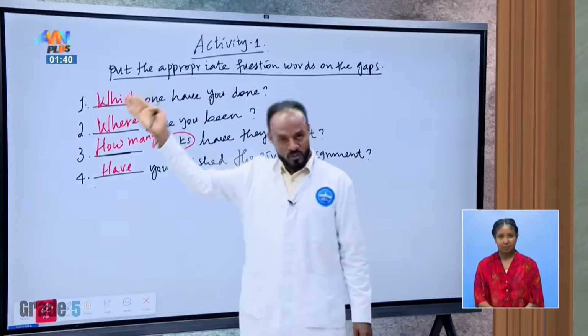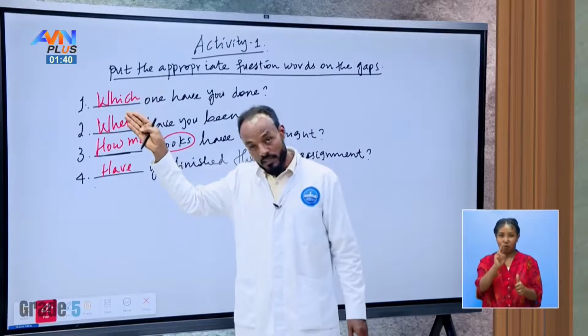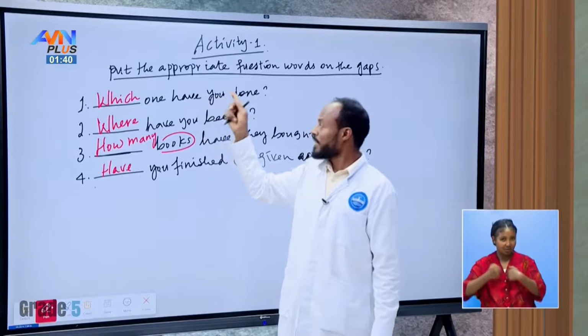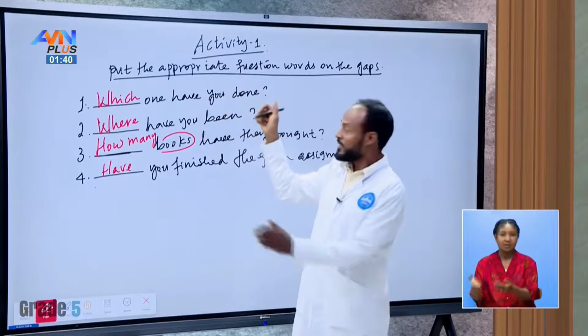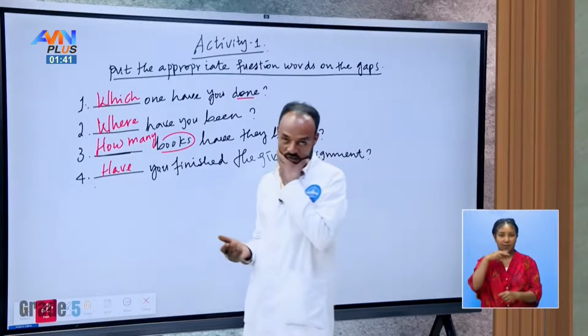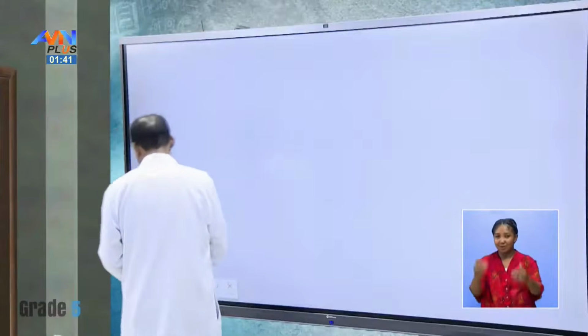What about in a WH question? In a WH question, we have to start from the WH word, then have or has plus the subject, then plus the verb 3, or the past participle form of the given verb. Next student, come on. Let's go to the next point.